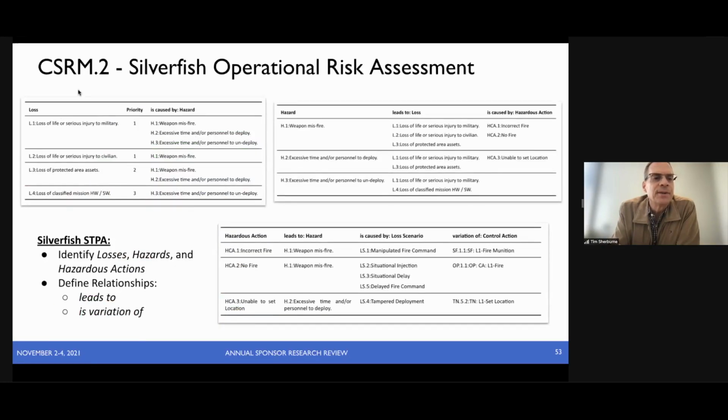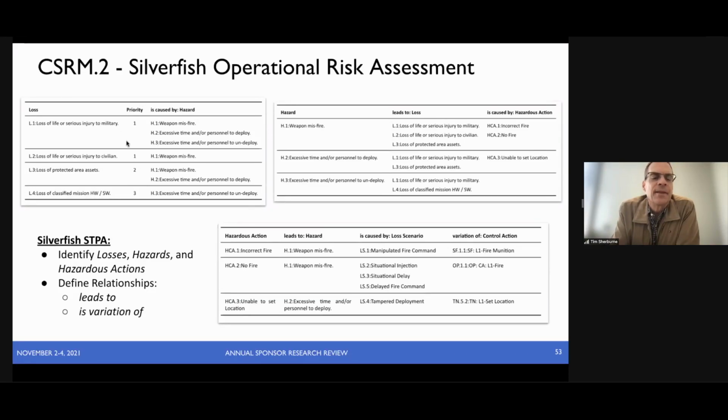On the top left, we identified four key losses of importance, including loss of life to military or civilians, loss of whatever assets are intended to be protected by Silverfish, and finally loss of classified mission, for example the obstacles or the control stations.